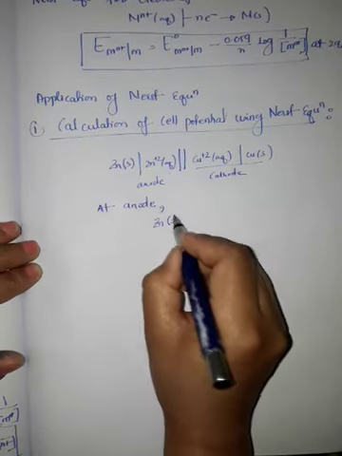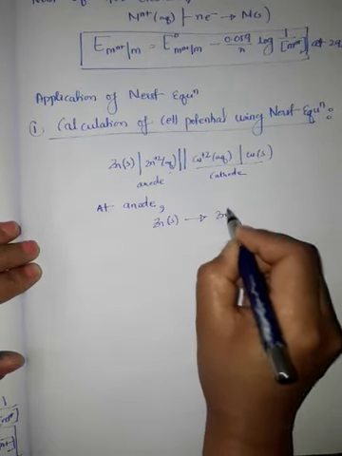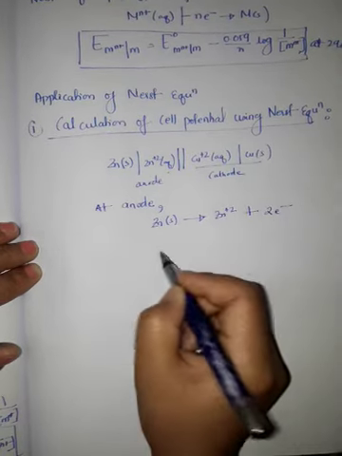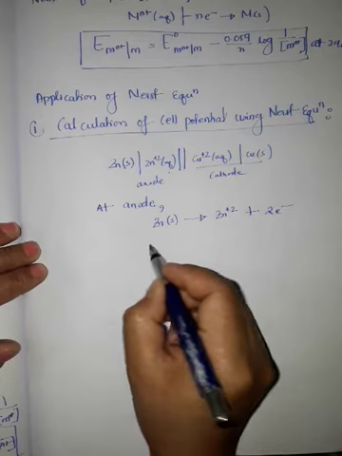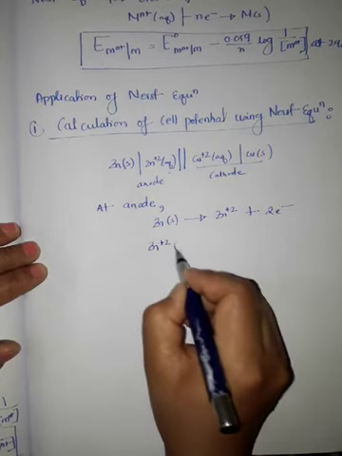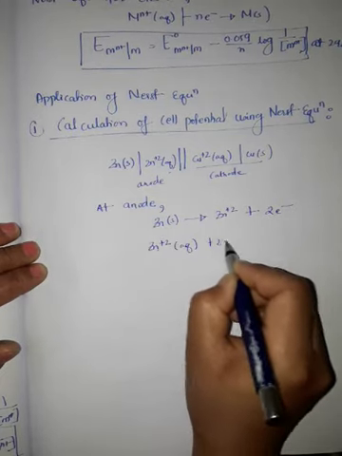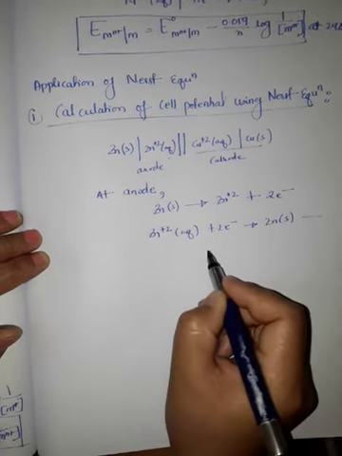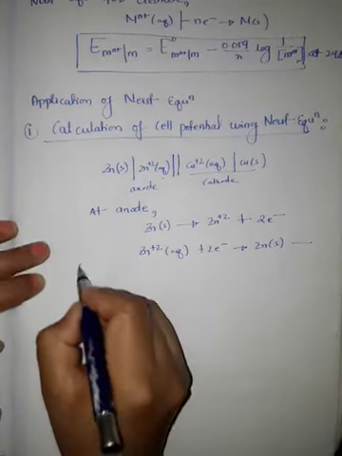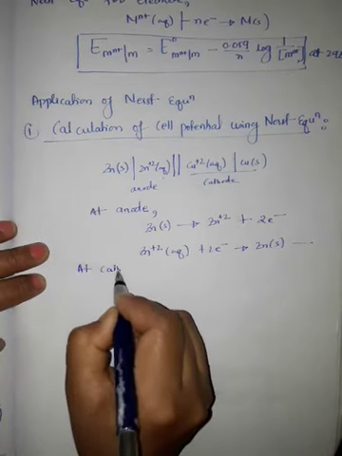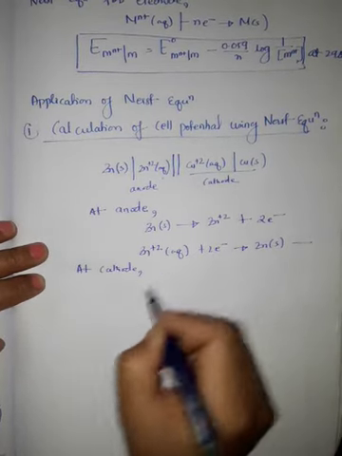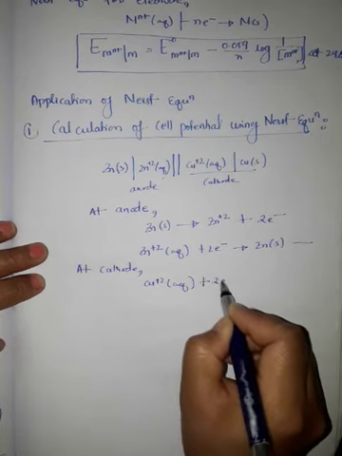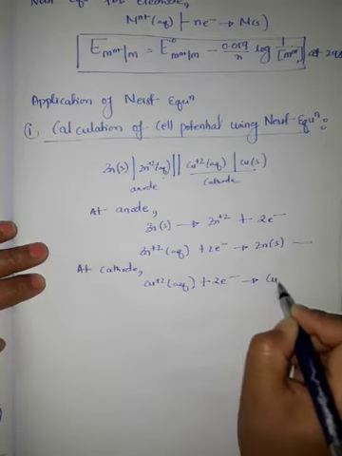Zinc gets oxidized after losing 2 electrons. For Nernst we need the reduction equation, right? And at the cathode, reduction takes place: copper gets reduced after gaining 2 electrons to form solid copper.